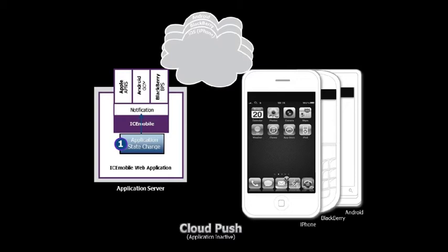And we also know what each client's platform is. So if the client is using a BlackBerry ICEmobile container, we can use the BlackBerry Push service. If they're using iOS, we can use the Apple Push Notification service. And if they're using the Android container, we can use the Google Cloud Messaging service.